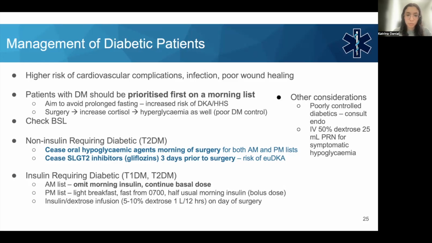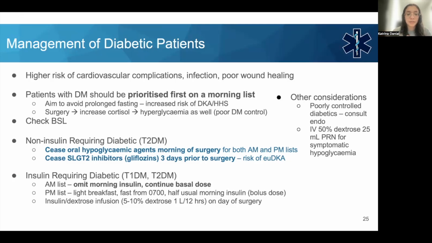Patients who have diabetes will often be first on the operating list in order to prevent them from fasting for a long time, because they have an increased risk of going into DKA or HHS. Okay, so a patient who is diabetic and is going to have surgery, you want to be checking their BSLs according to hospital protocol.